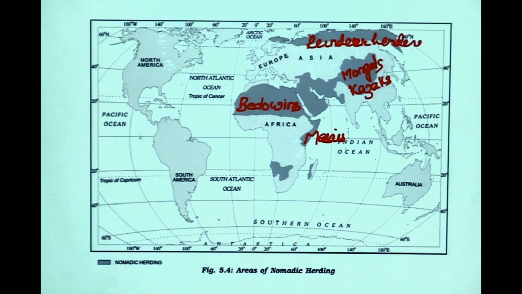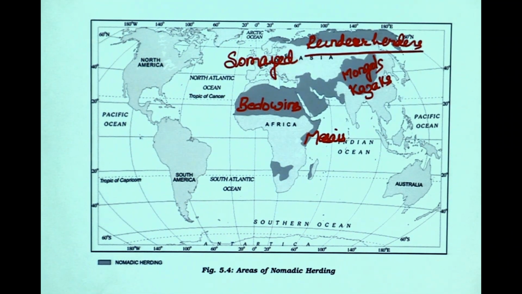We have already taken few names as Lapps and Samoyeds, wherein Samoyeds can also be counted into the reindeer herders category. The area that I notice in southern part of Africa, this patch, and of course Madagascar, this largely correlates with milch cattle herding.